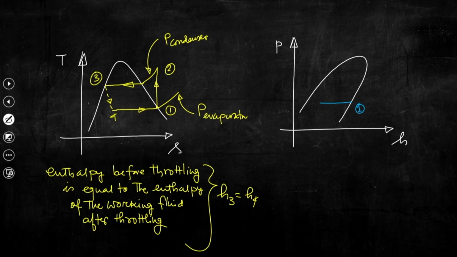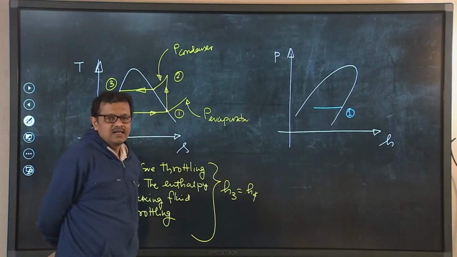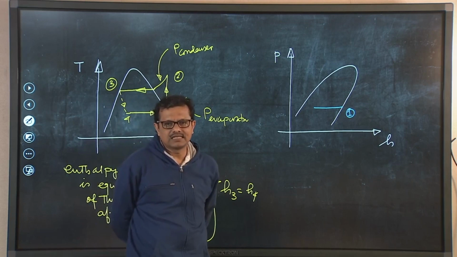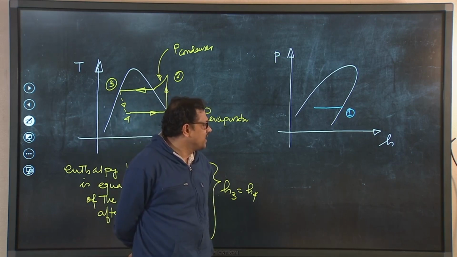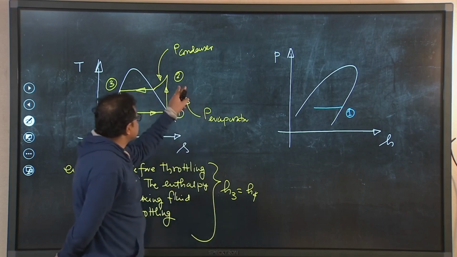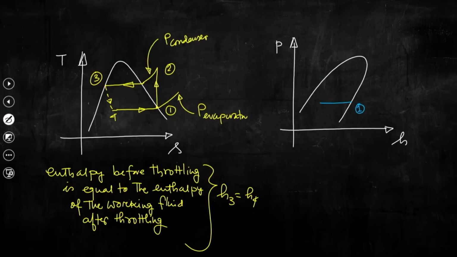Now we have identified state point 1 here, then 1 to 2 is again a reversible adiabatic process. So, the question is, what would be the enthalpy of state point 2? Where should point 2 be in the pH plane?